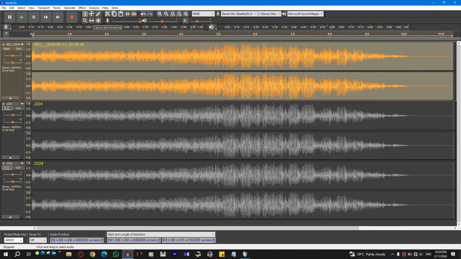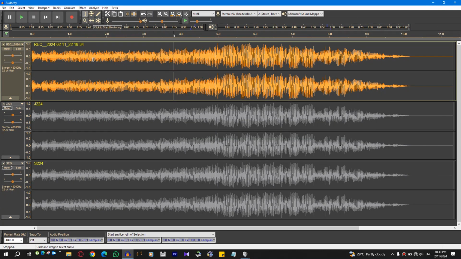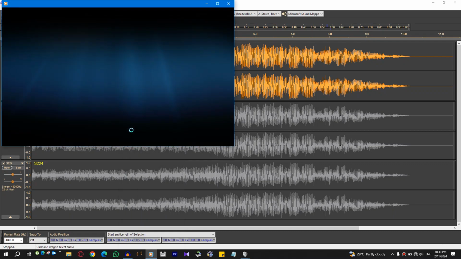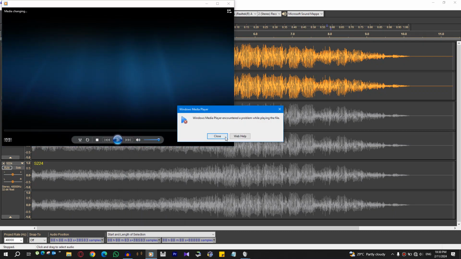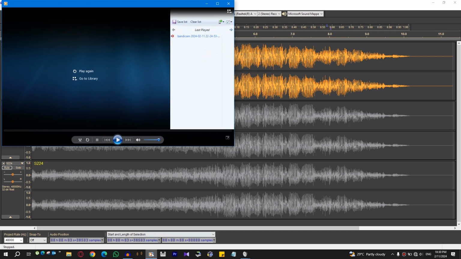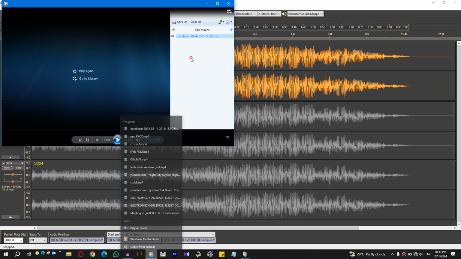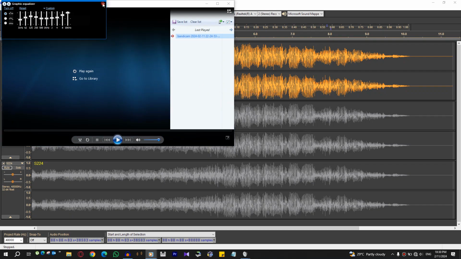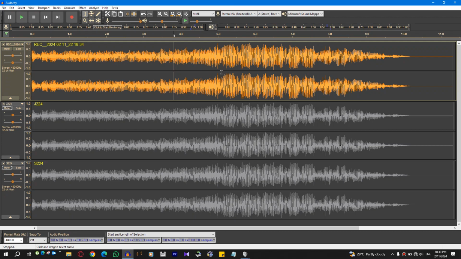So anyway, as I've applied a reverb and it was already performing a graphic equalizer, this is pretty much free from any artifact in the middle.